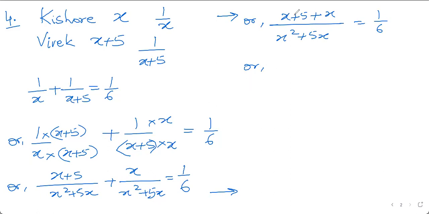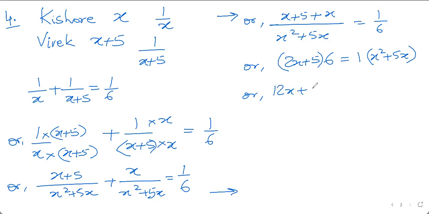So we can say x plus 5 plus x as 2x plus 5, which will be multiplied by 6, and it will be equal to 1 multiplied by (x square plus 5x). Now when we simplify it further, 6 into 2, 12x. 6 into 5 is 30. x square plus 5x.